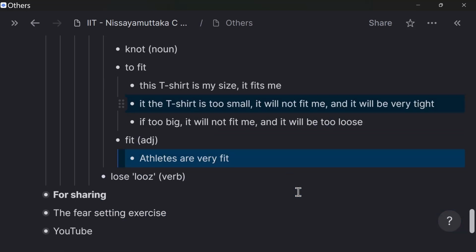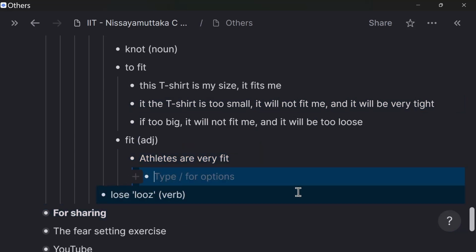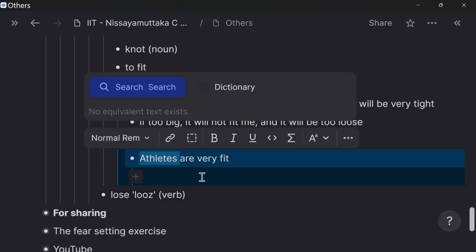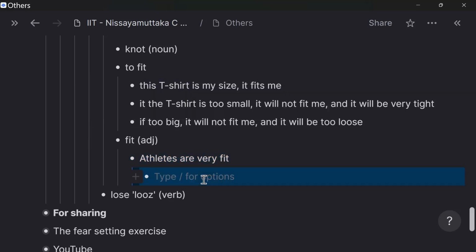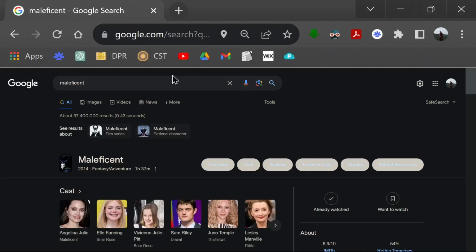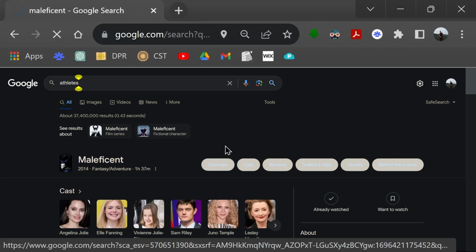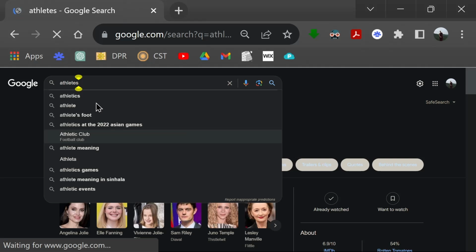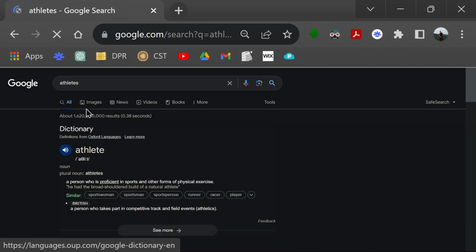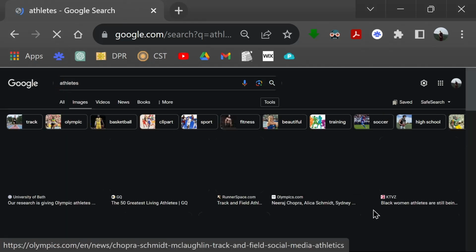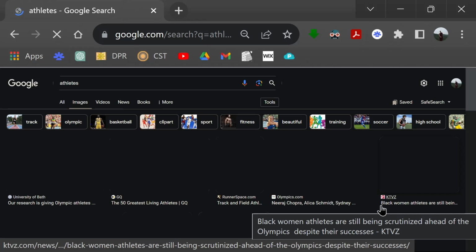Athletes. You don't know this word? Athletes are these guys. The runner.